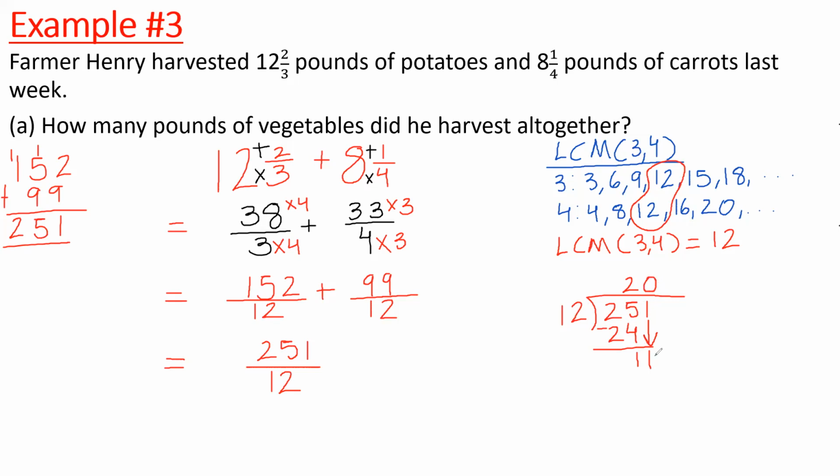So 12 times 0 is 0, and we have 11 minus 0, which is 11. And now, what is going to be the whole number? 20 is going to be the whole number. Very good.